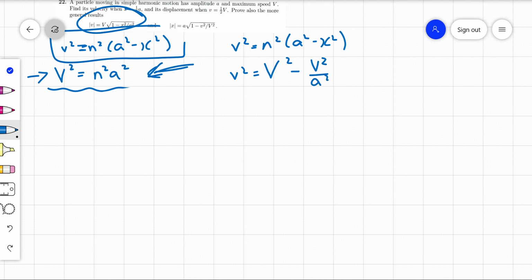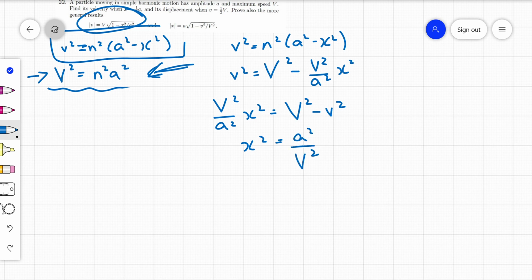So let's do that again. This time we want x to be the subject, don't we? So I'm going to put the whole of that x part over this side, and there is the rest. So x squared, we need to times by a squared and divide by that.